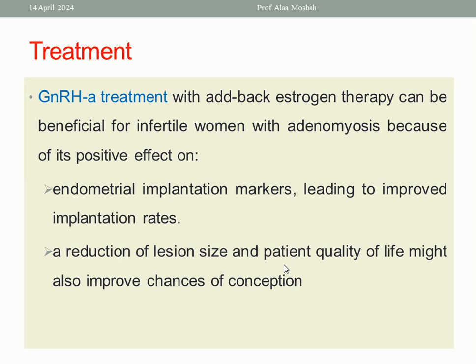So please remember that using GnRH, gonadotropin releasing hormone agonist, with add-back estrogen therapy can be beneficial for infertile women with adenomyosis because of its positive effect on endometrial implantation markers, which leads to improved implantation rate, a reduction of lesion size, and better patient quality of life.